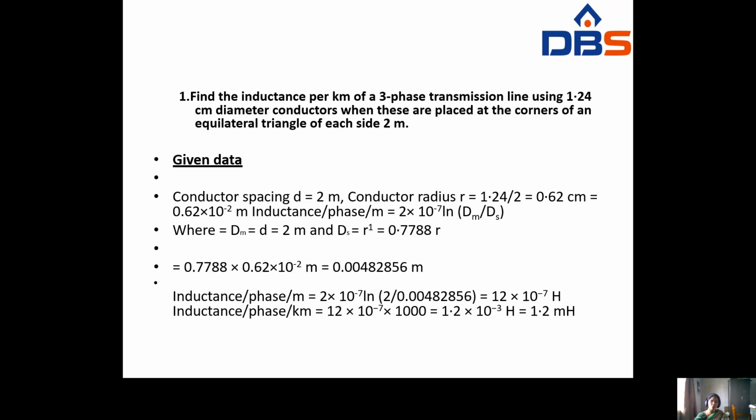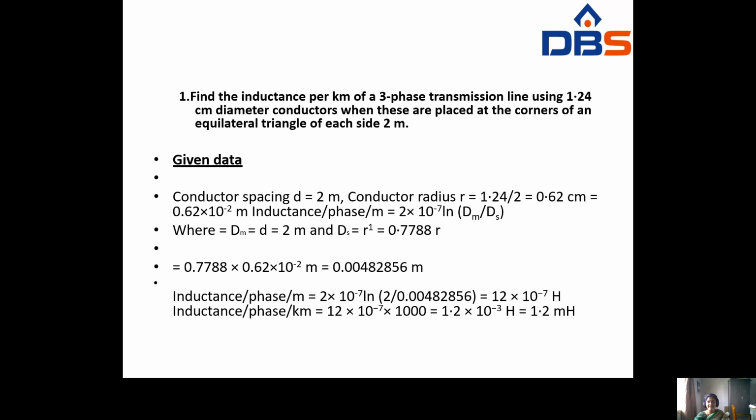That will be converted into meters. Whenever you convert 0.62 centimeters into meters, you write 0.62 into 10 to the power of minus 2 meters.